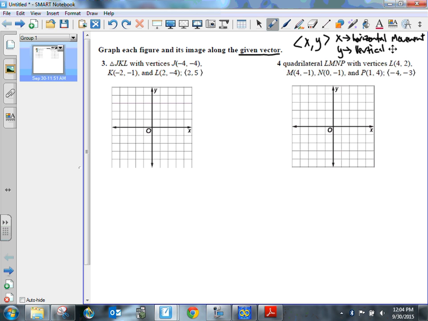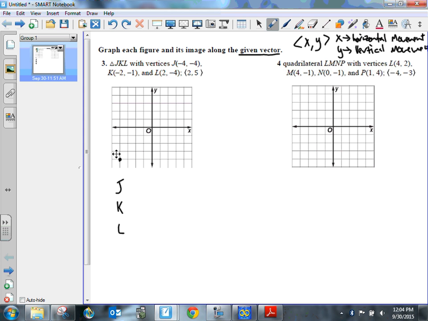Okay, so let's go ahead and plot these points for J. I'm going to rewrite these down here as J, K, and L. J is the point -4, -4. So 1, 2, 3, 4 left, down 1, 2, 3, 4.